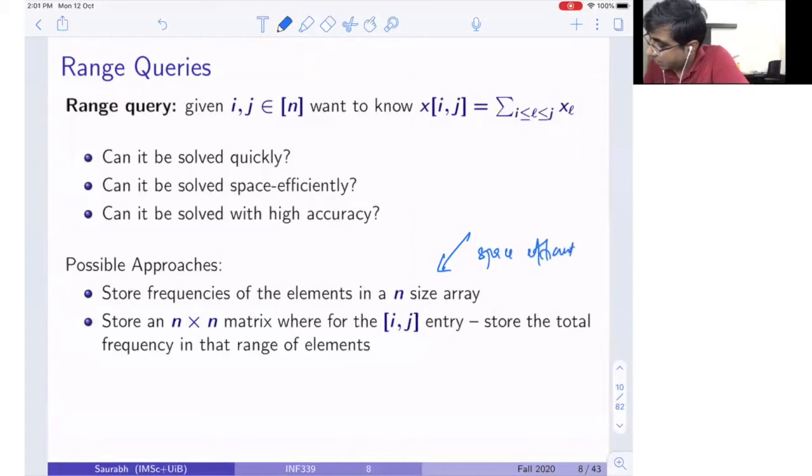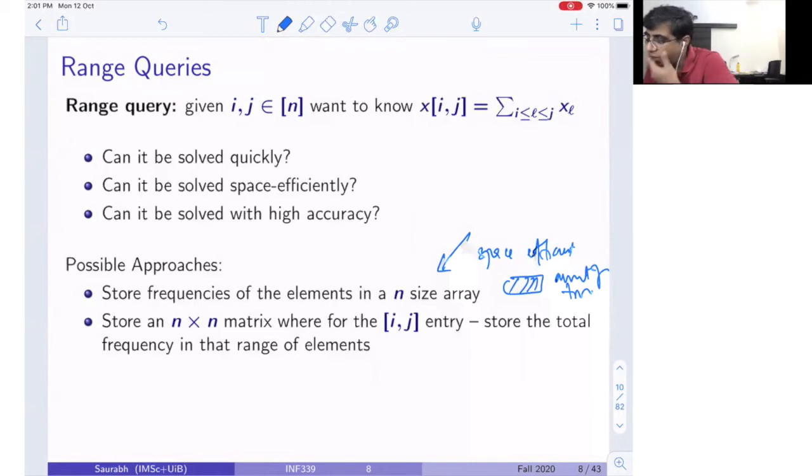Also, the amount of time it takes to answer the query is quite a lot, because it can be as bad as n. If I give you a range up to n/2, then you have to sum up all these frequencies. So that's one issue with this.